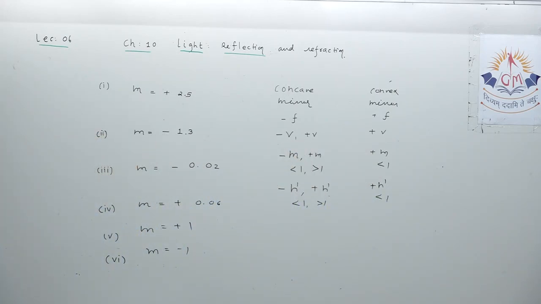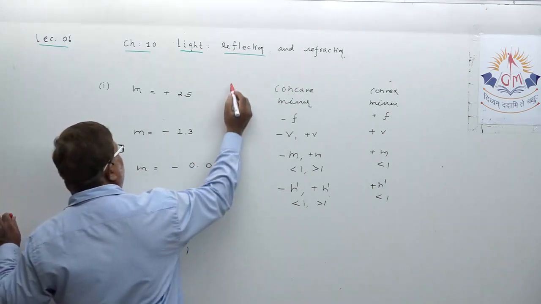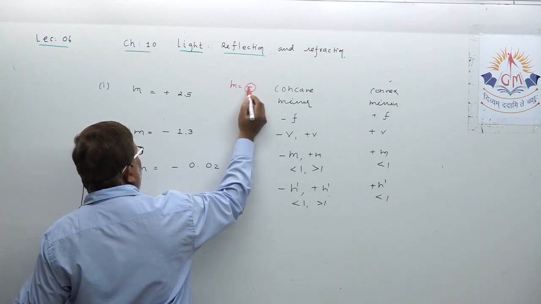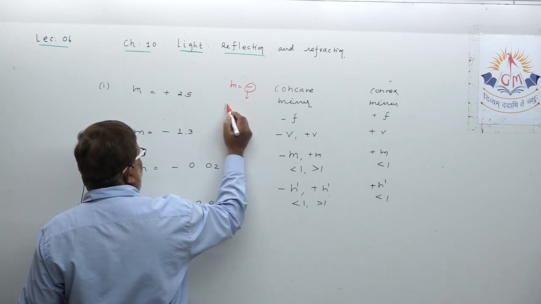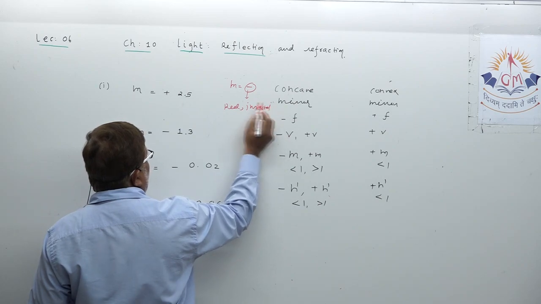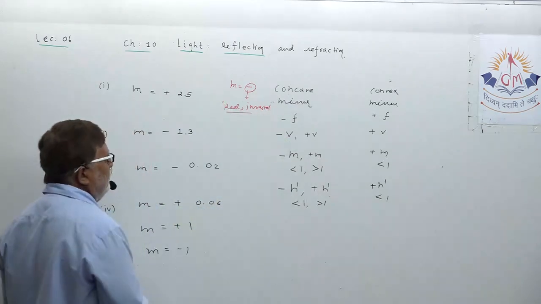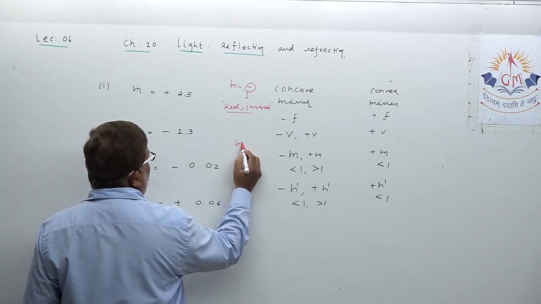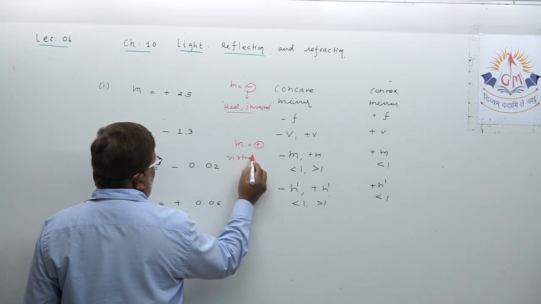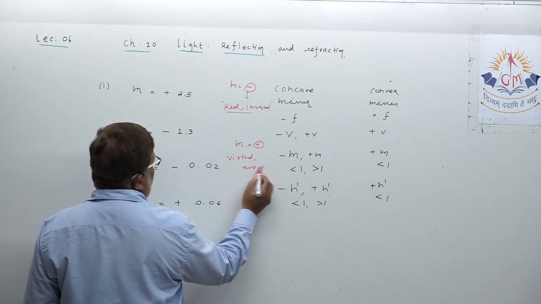First you write, dear student, and then let me clear your mind regarding one thing. See, always remember one thing. Magnification negative means image is real and inverted. Fix this in your mind. Magnification positive, that means image is virtual and erect.